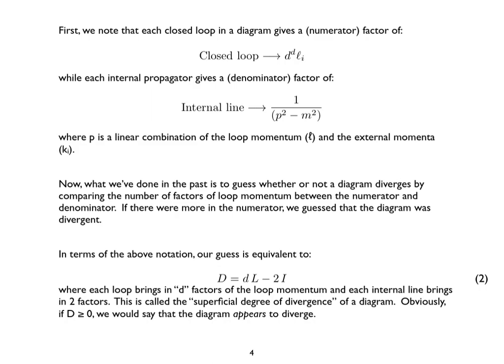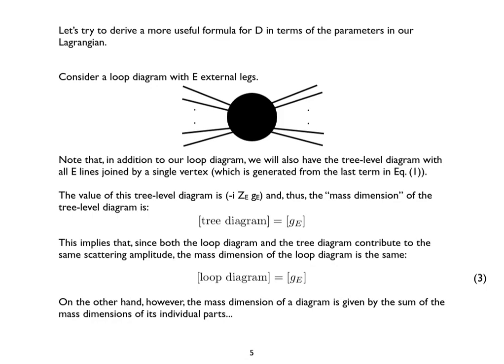So that's what I'm going to try to do now, come up with a formula for this superficial degree of divergence in terms of the parameters of the theory, so we can look at the Lagrangian and say, okay, this guy's renormalizable, right?